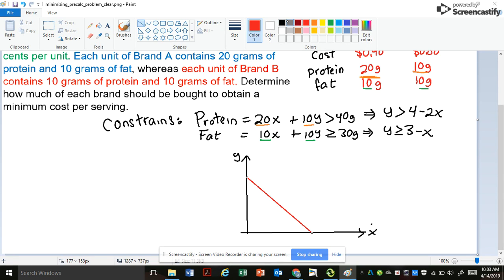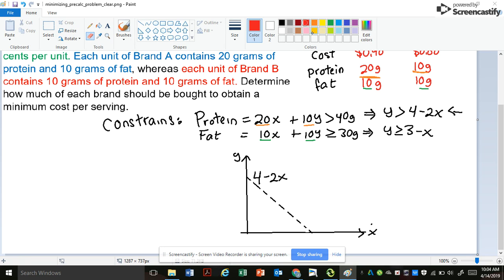I'm going to say that this is my first function, which is 4 minus 2x. So we are graphing out this function. Because it's greater or equal, I'm going to say this should be a dashed line, because our space of solution is above this line, greater or equal to this.